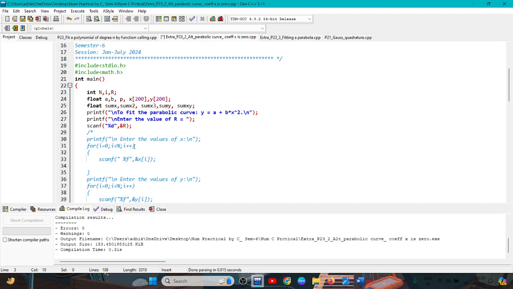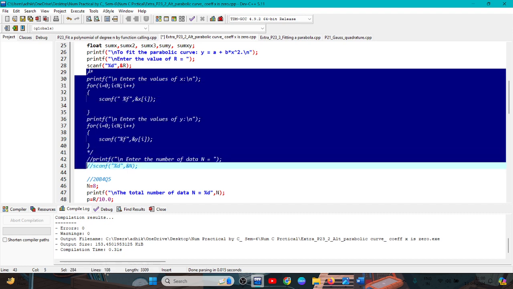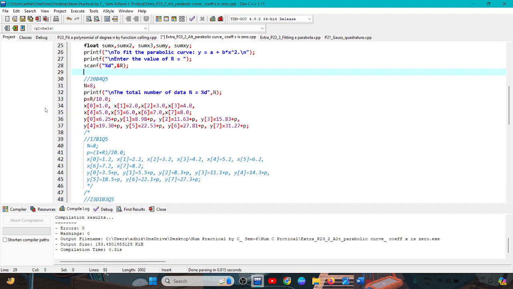Now we enter the value of r. If you wish to enter these values of x and y in this way, fine; otherwise you can delete this portion, from slash-star to star-slash. Here capital N equals 8, the total number of data, and p equals r by 10.0.